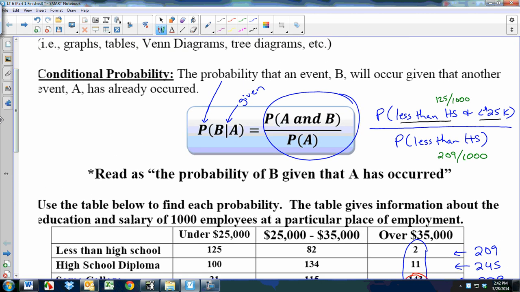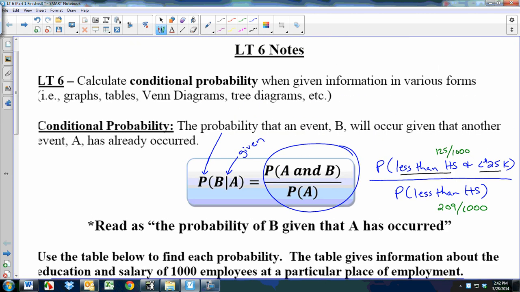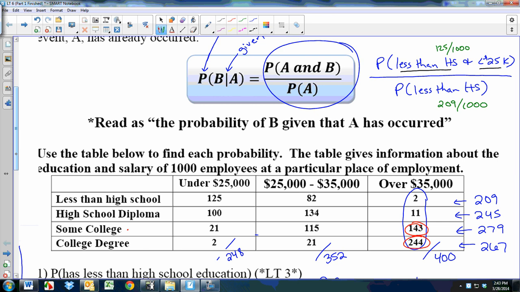So to recap, when you're dealing with conditional probability, they give you a condition that takes your sample space from the original, whatever it is. In this problem, the original had 1,000 employees. As soon as you say given blank, whatever that blank is, it takes those 1,000 employees and says to basically ignore those that don't fit the given.